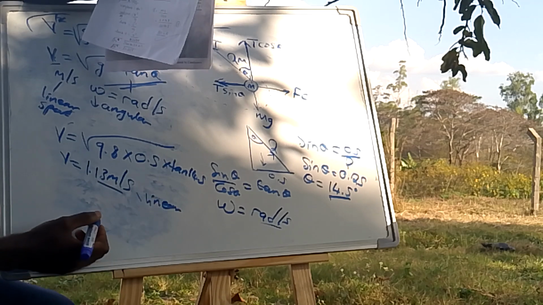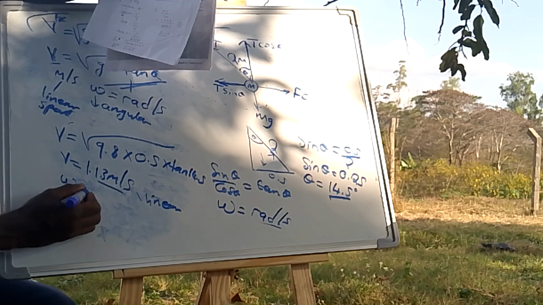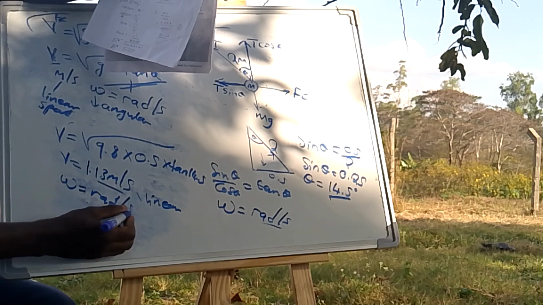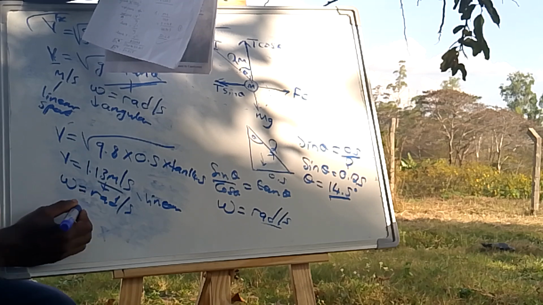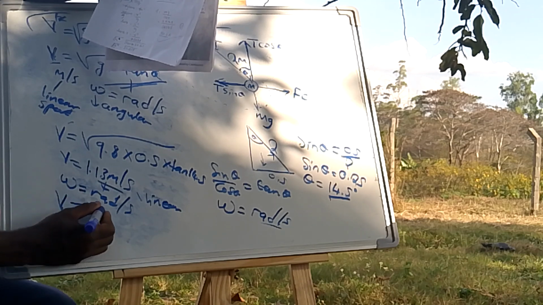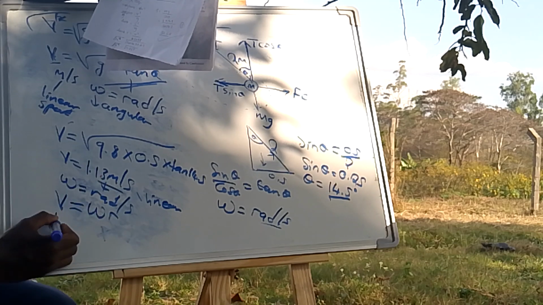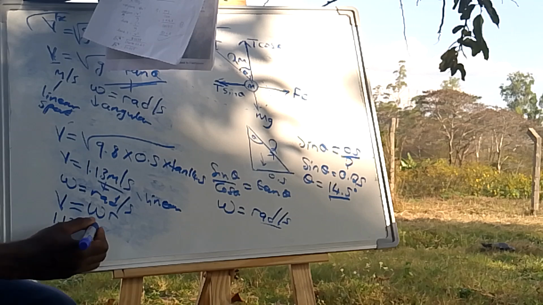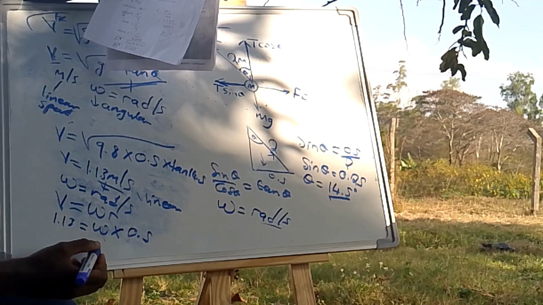The question is find angular speed. So angular speed has units rad per second. How do you convert from linear to angular? You use this expression: linear speed equals angular speed times radius. So now you have 1.13 equals the angular speed you are looking for, times radius, which is 0.5.